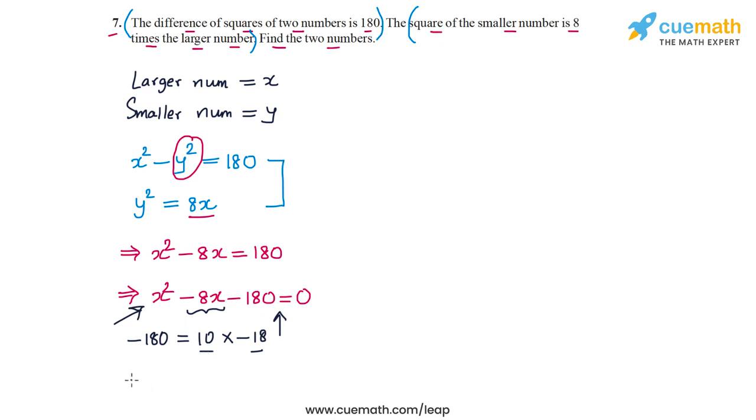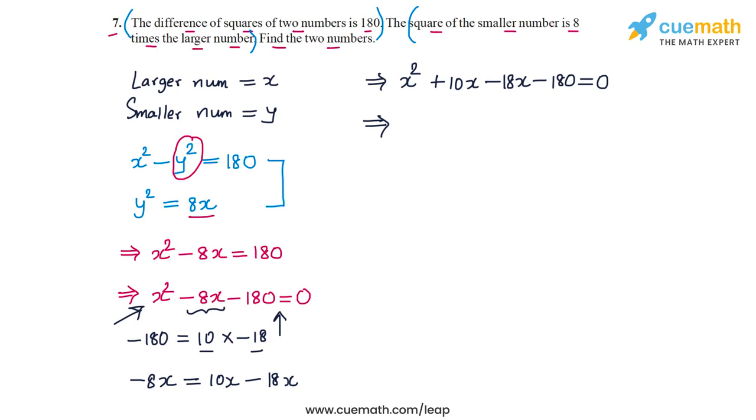So I can write minus 8x as 10x minus 18x. So we have x square plus 10x minus 18x minus 180 is equal to 0.